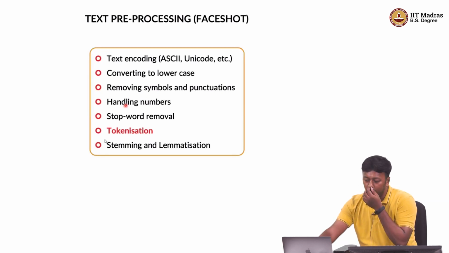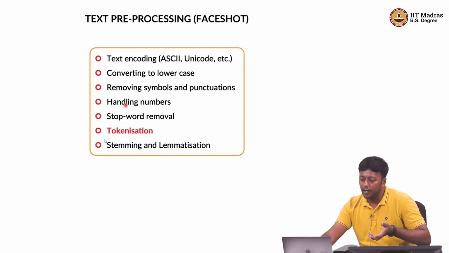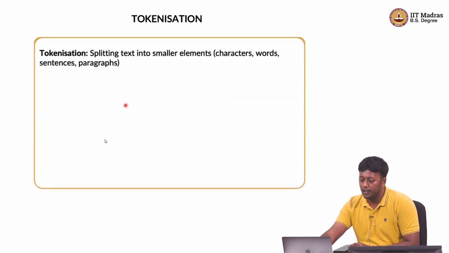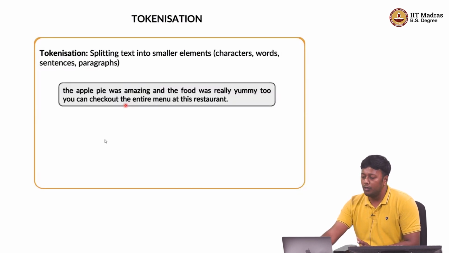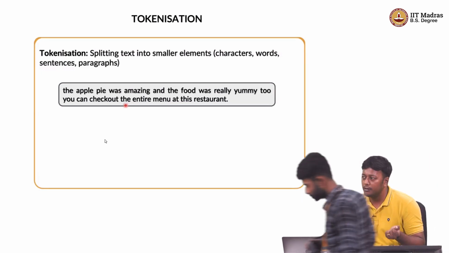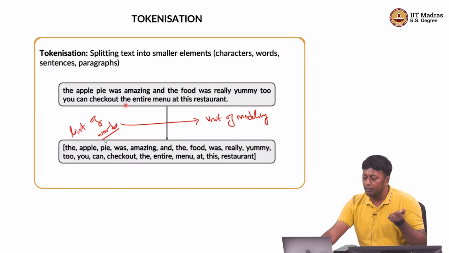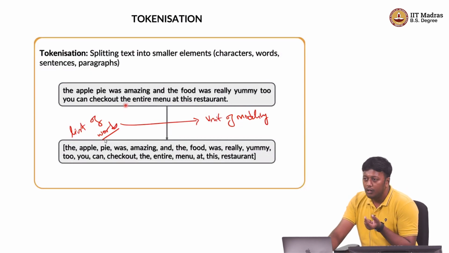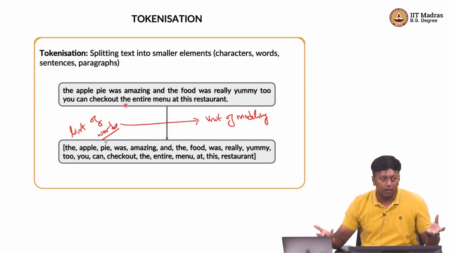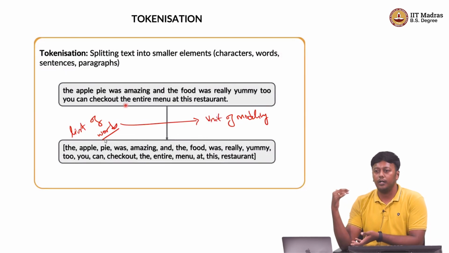And the last part, tokenization and stemming. I'll come to that, and then we'll jump to a tutorial. So tokenization is: what is your unit of modeling, right? Am I going to model at the word level, or at the sentence level, or at a paragraph level, or a document level, right?